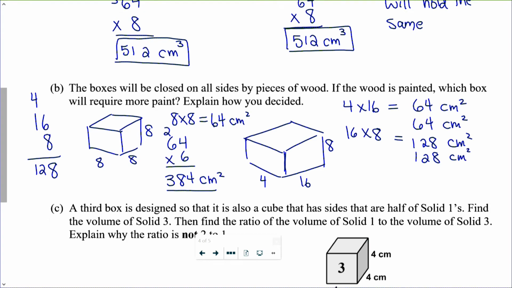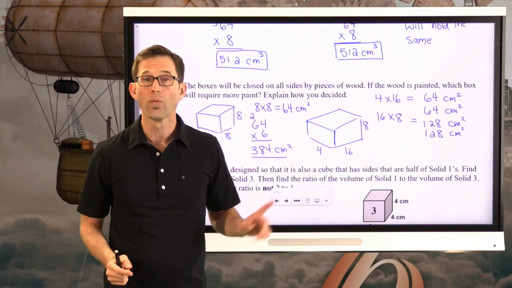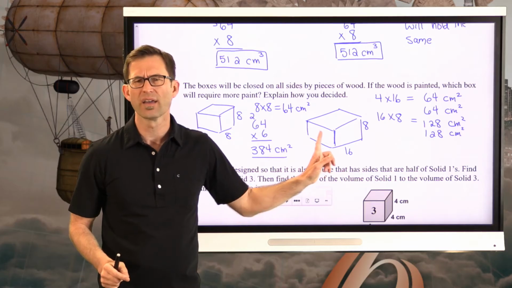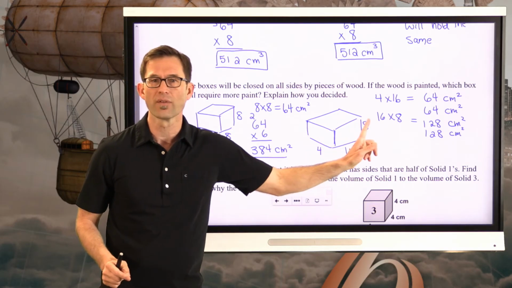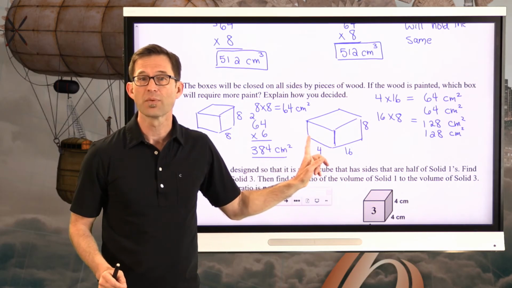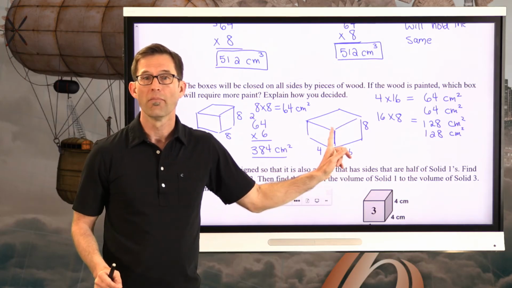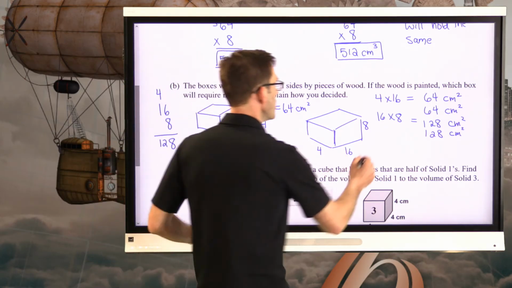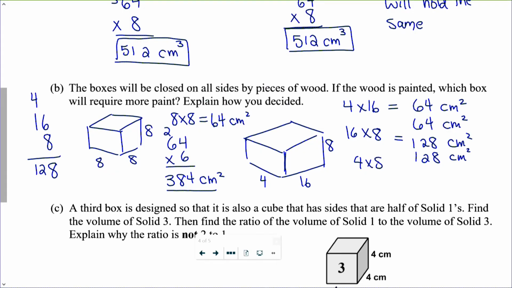Now finally, maybe the easiest one of all will be this face, and then the equivalent one that we can't see, and that's because it's got a 4 by 8 height. So 4 by 8 gives me 32 and another 32. So now, again, got to add them all up.